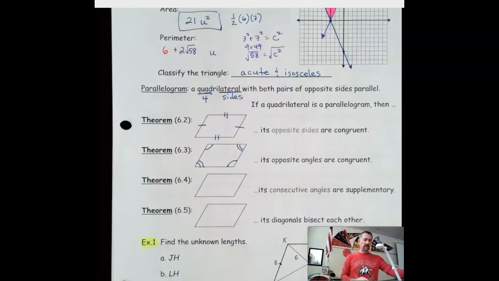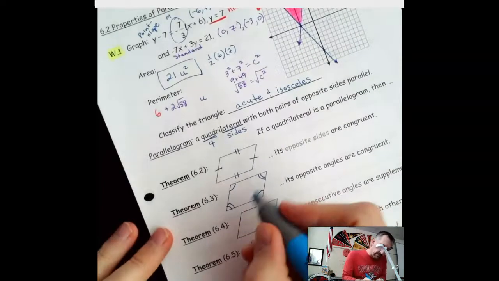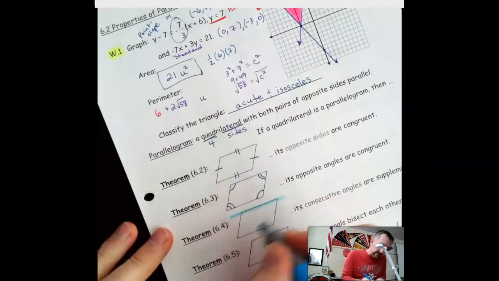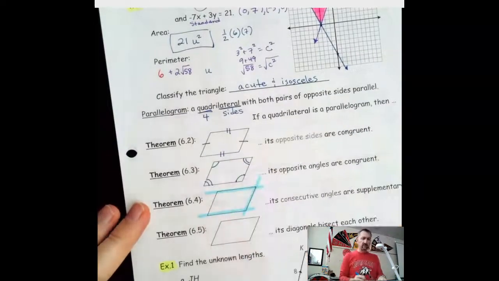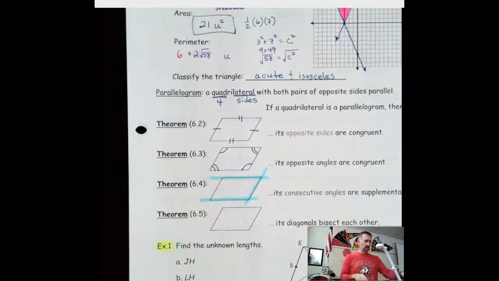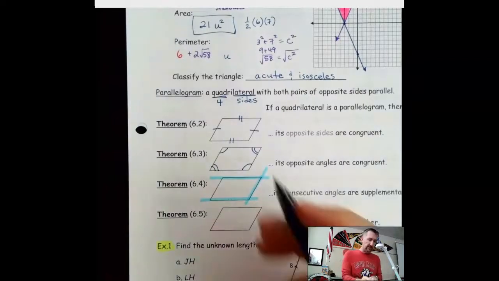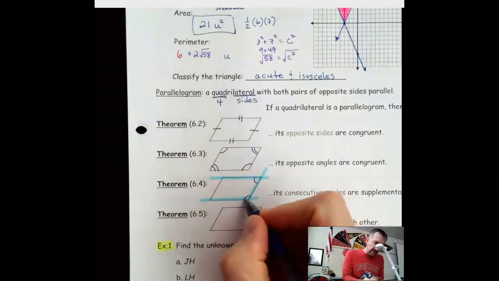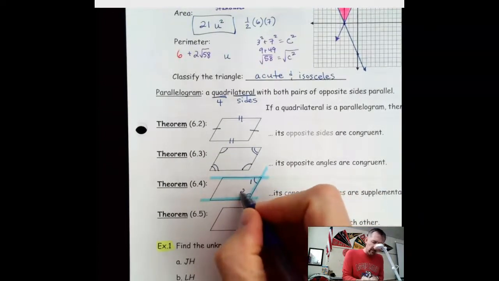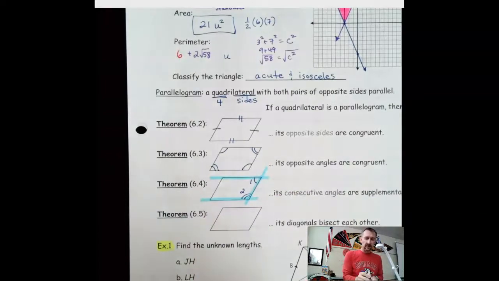So if you think about it, parallelogram, opposite sides are parallel. So those are parallel, and that's a transversal. That's a transversal as well. So these two angles are same side interior, or consecutive interior.